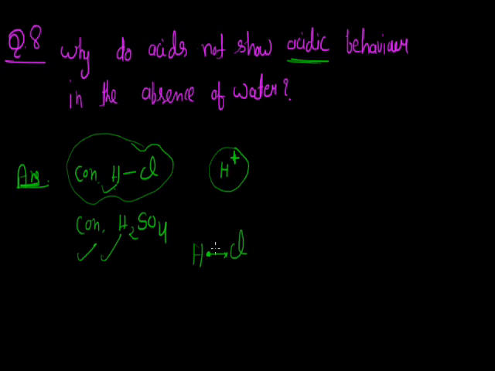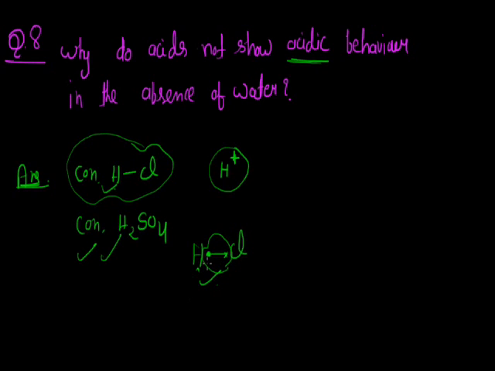So both electrons form this bond pair. The interaction between H and Cl is covalent type, which means it is formed by the sharing of electrons. If we take concentrated HCl, this covalent bond does not break down, and then this compound does not give H plus.